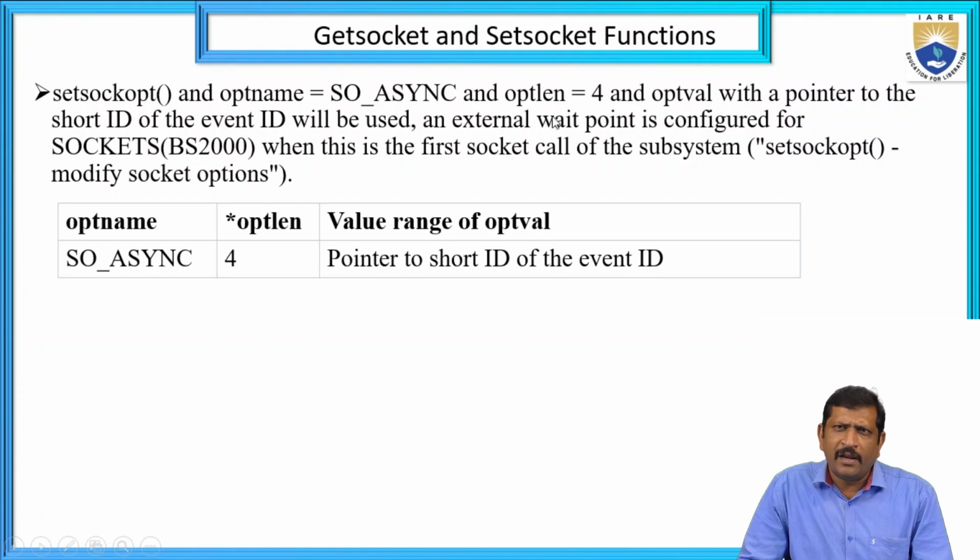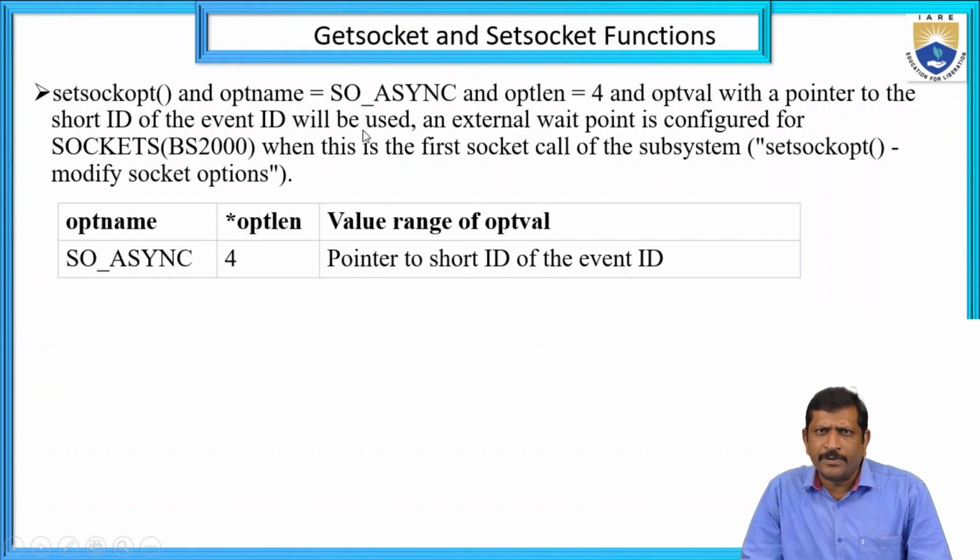From the external waiting point of view, it will be configured as a socket with the port number BS2000. Whenever it is configured, we are utilizing BS2000 when this is the first socket call of the subsystem. Now setsockopt can modify the socket option.